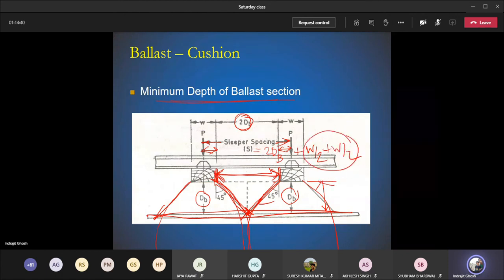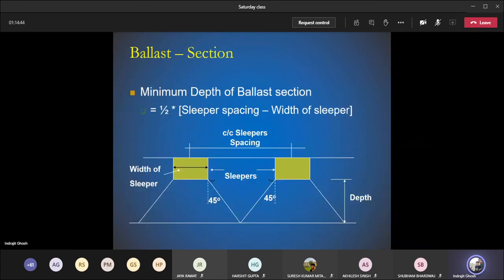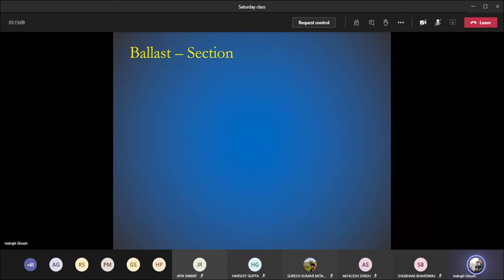This is nothing but W. So in the simplified form, minimum depth of the ballast cushion is nothing but half of the sleeper spacing minus the width. Because this is W by 2, this is W by 2. So this is the simple equation which we need to follow.